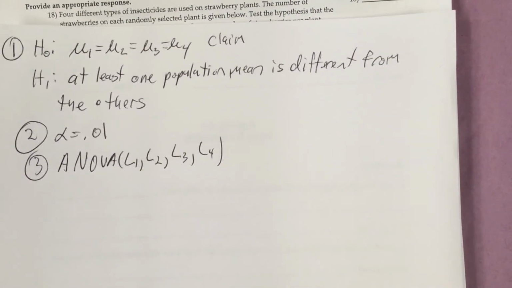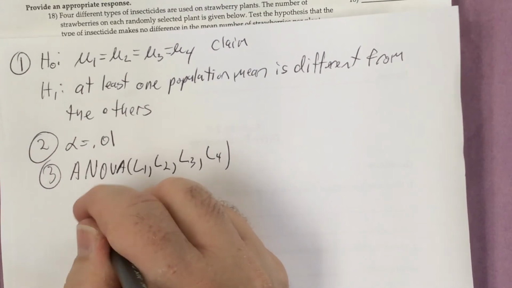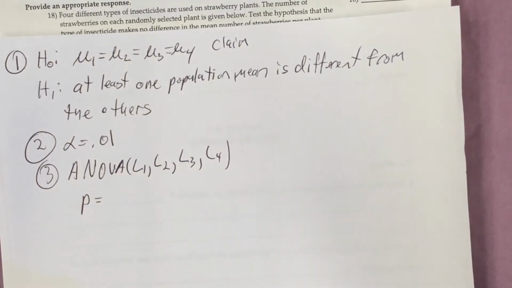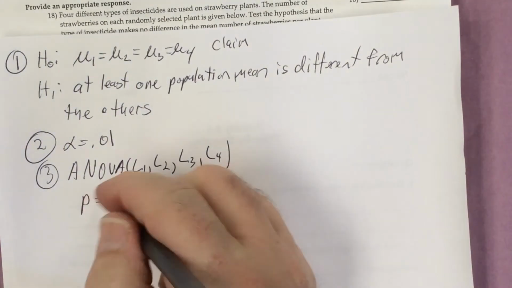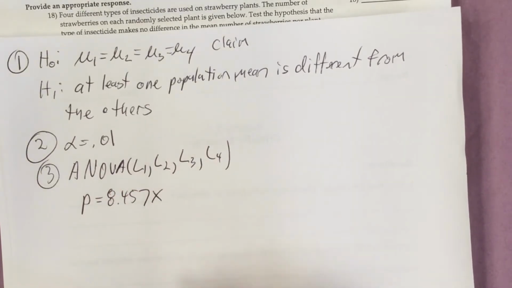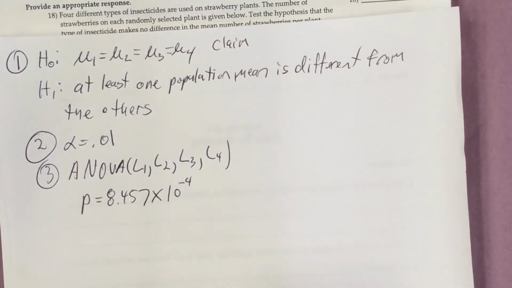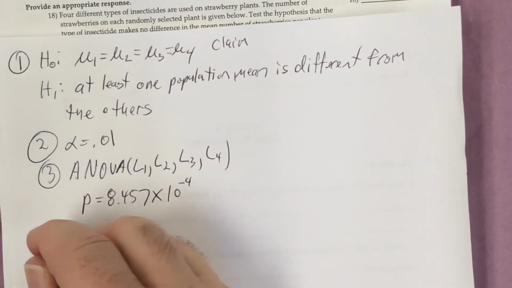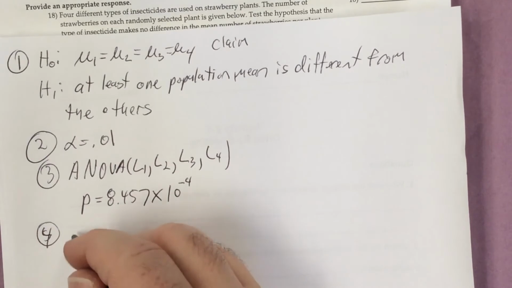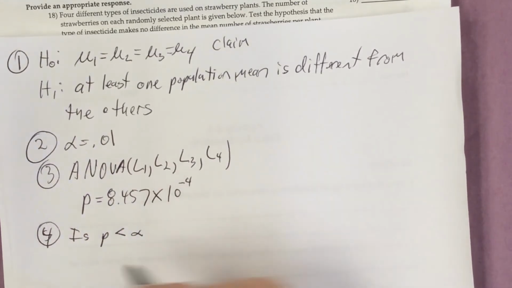And believe me, it's a lot easier doing it with the calculator than it is doing it without. Let me push this up a little bit here. And we're going to find the p-value is going to equal 8.457, but instead of using engineering notation, you use scientific notation. That's going to be 10 to the minus 4. So you want to say: is p less than alpha?